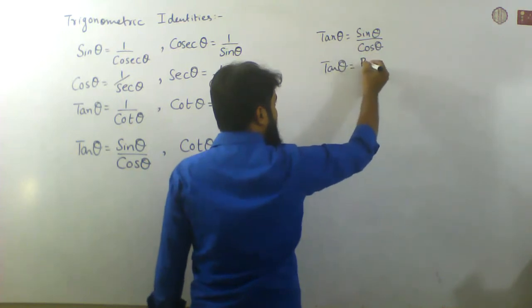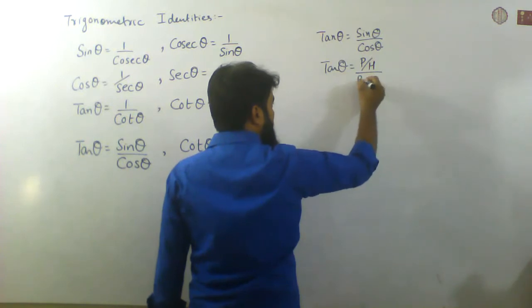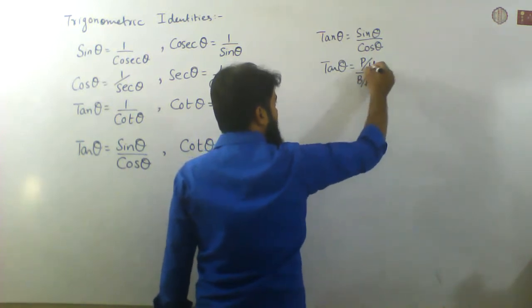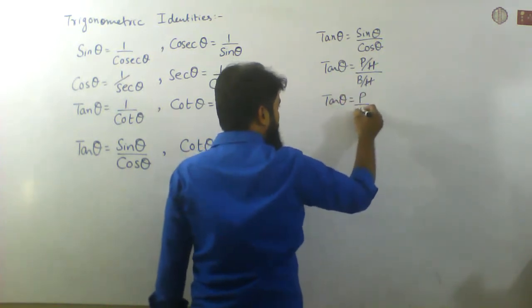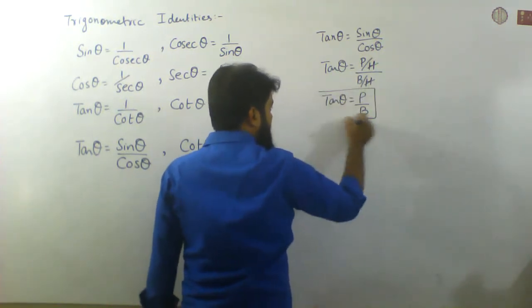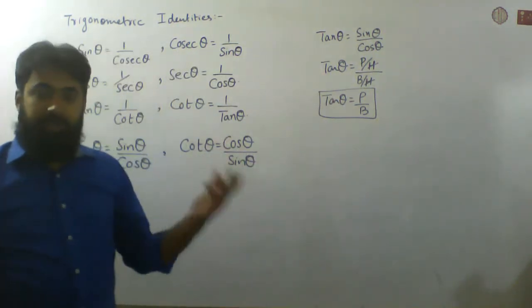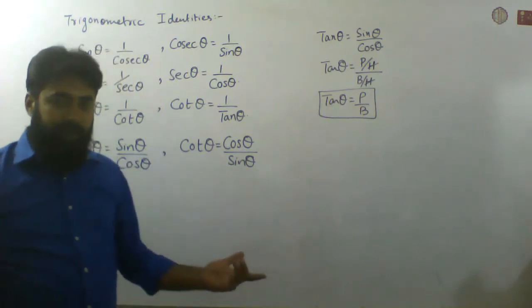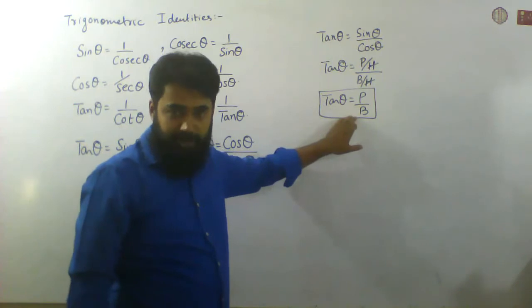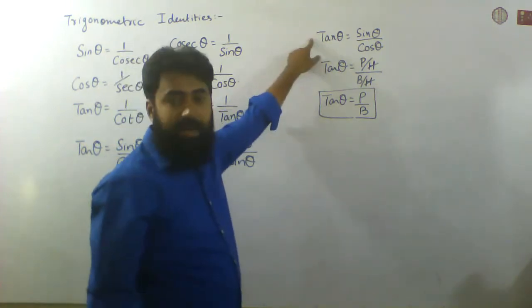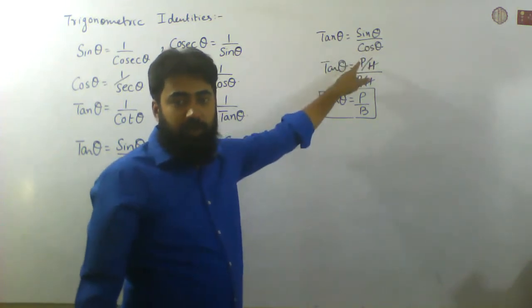Sin theta is perpendicular upon hypotenuse, and cos theta is base upon hypotenuse. Hypotenuse and hypotenuse will be cancelled. So tangent theta equals perpendicular upon base, which is the ratio of sides of a right angle triangle. So tangent theta is perpendicular upon base, that we know, and from here I have derived tangent theta equals sin theta upon cos theta.